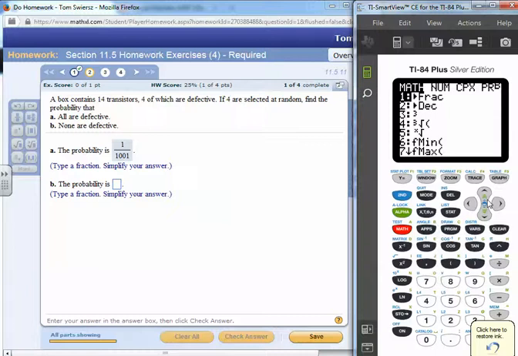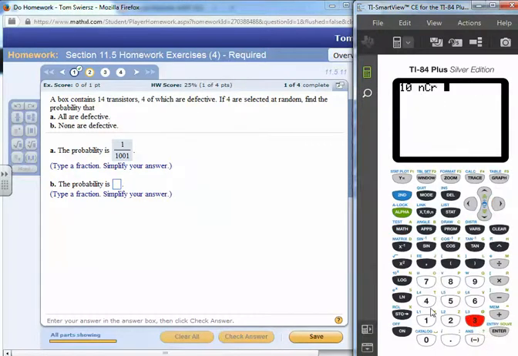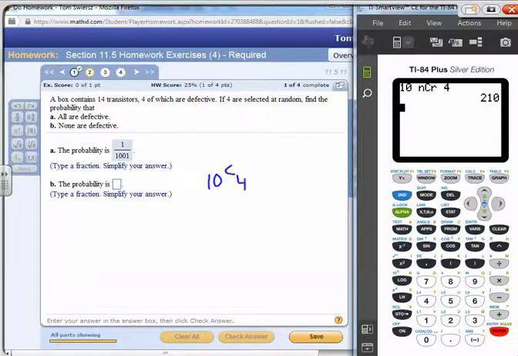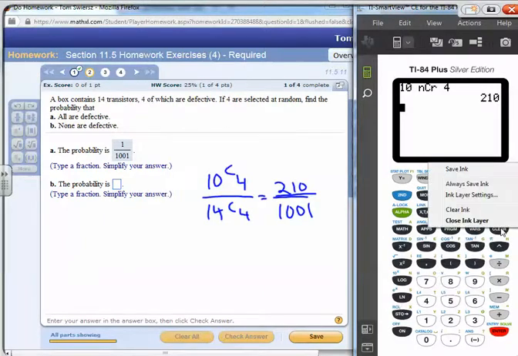So I'll do 10C4 on the calculator. 10, math, probability, there it is, 10C4 is 210. So for none are defective it is 10C4 over 14C4, so it's 210 over 1,001. Okay, it appears, well, let's make sure. It appears nothing reduces, but I'm not sure here.